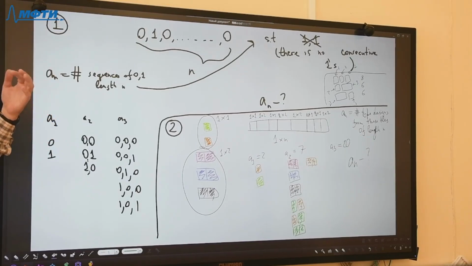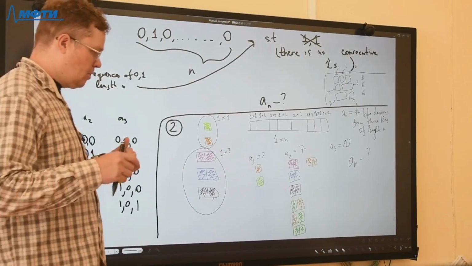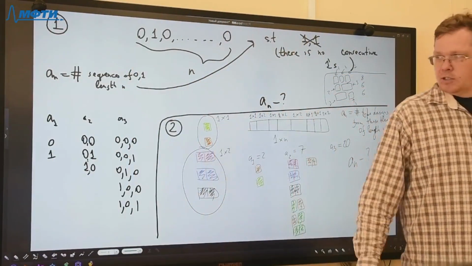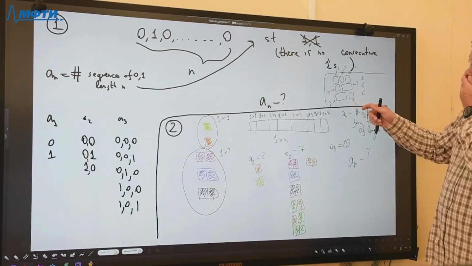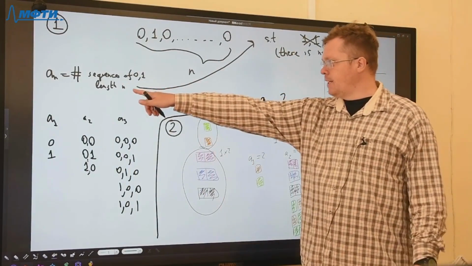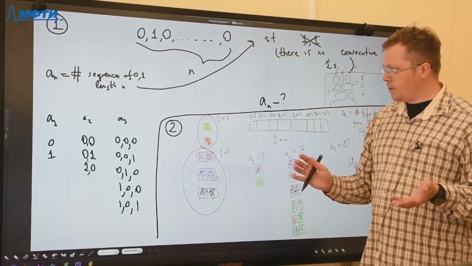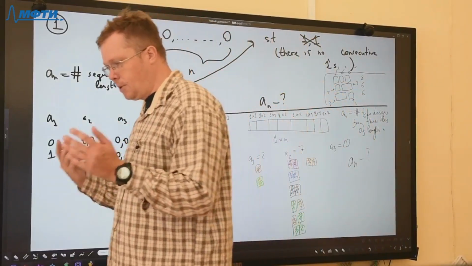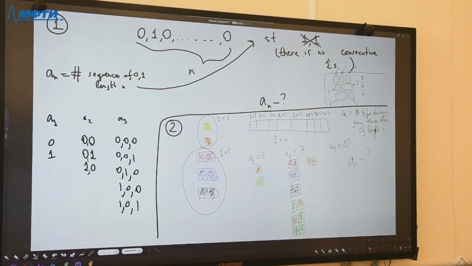So you want to find how a_n depends on the previous elements of the sequence. I want to calculate the number of sequences of length n using the number of sequences of length n-1 and n-2, maybe n-3 if I need to.